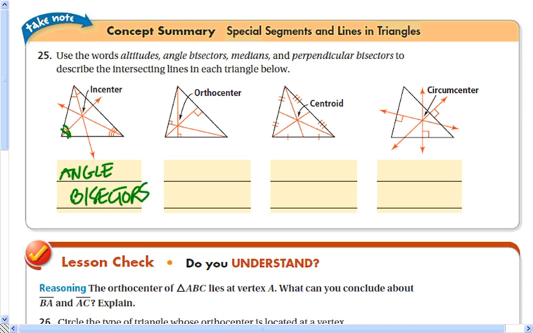The orthocenter, you will notice, is at the point of concurrency of the altitudes. The centroid, you'll notice, is at the point of concurrency of the medians. And the circumcenter is at the point of concurrency of the perpendicular bisectors.